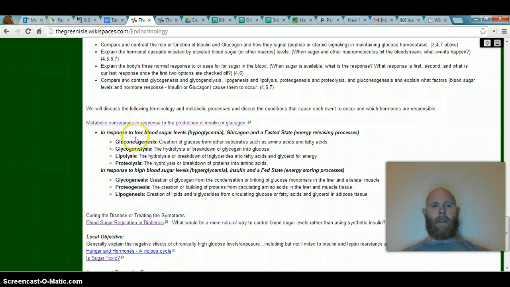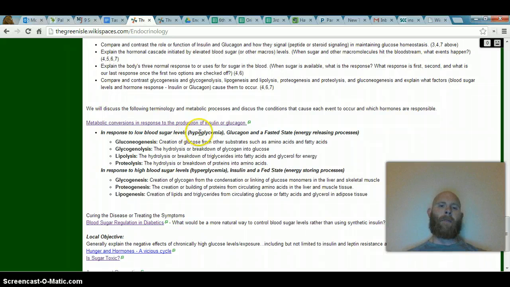But here on my website are the definitions for what these terms mean. Gluconeogenesis is the creation of glucose from other substrates such as amino acids and fatty acids. And these things right here, along with glycogenolysis, lipolysis, proteolysis, they all occur in response to low blood sugar levels, also known as hypoglycemia.